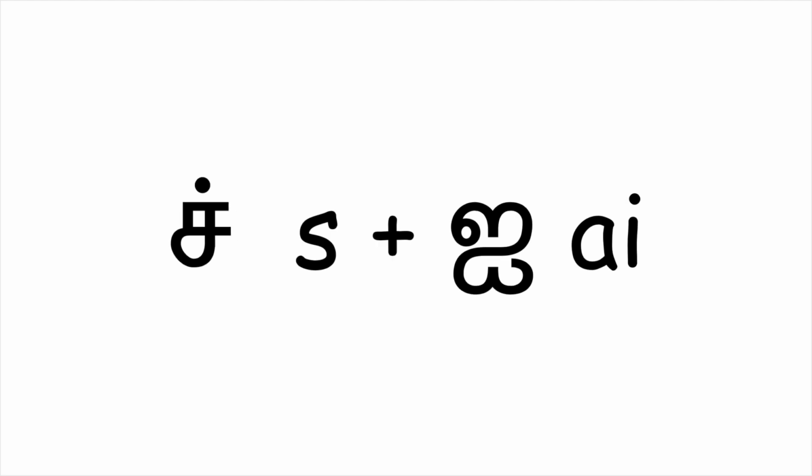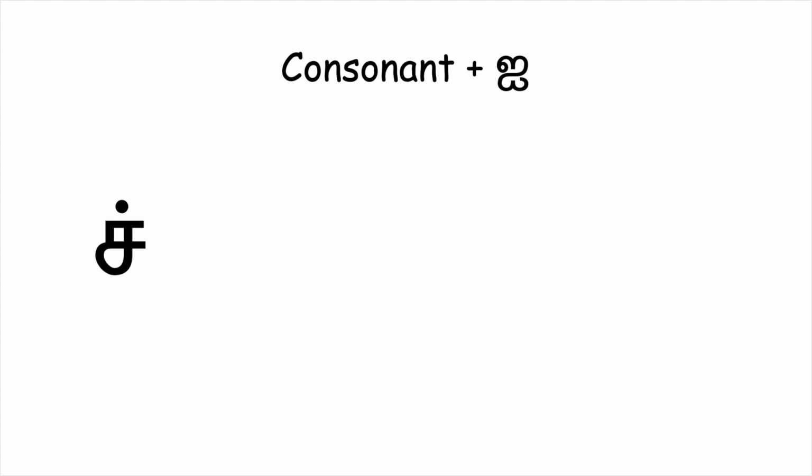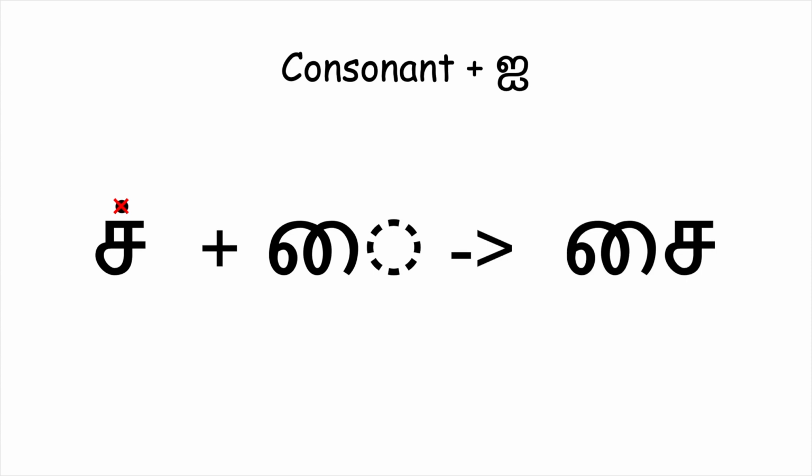This is the letter sai. It's formed from uch plus I. The pattern which applies to the consonant plus I combinations is to get rid of the dot and add this pattern to the front. So when we apply this to uch, we get sai.